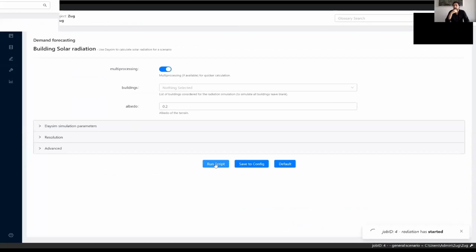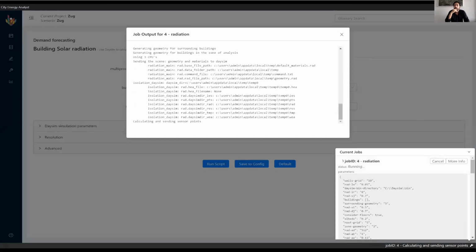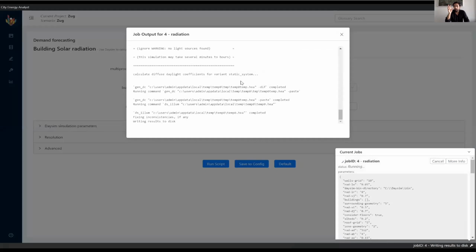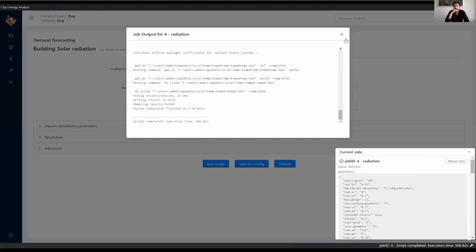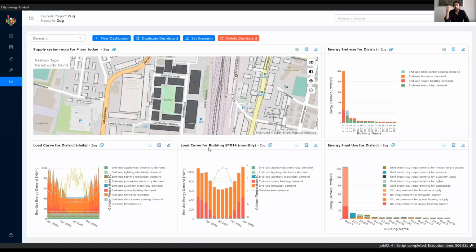And this is just a presentation of how we launch simulations, which, depending on the type, on the different more than 20 tools that we have in CEA, we can get an immediate response of what is going on. After that, this is presented in our dashboard. Basically, the interaction goes: simulate and then obtain results in terms of graphs.